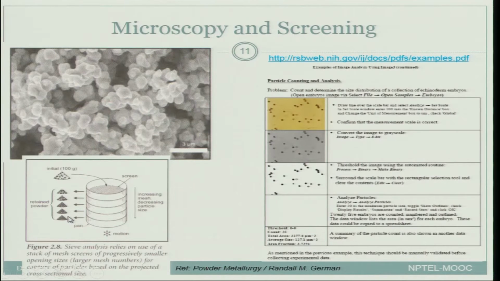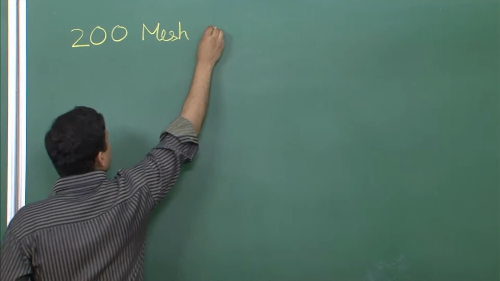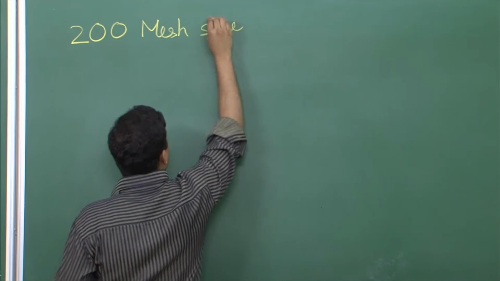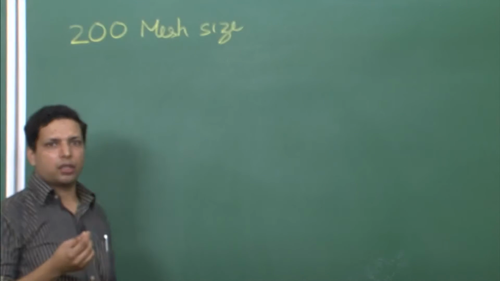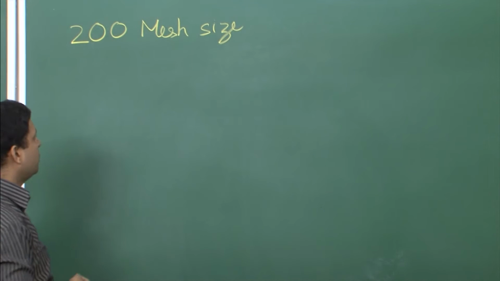Now, that we are talking about the mesh, let me just give you a quick example. When we say 200 mesh size, what does it mean? We said that when you increase the mesh size, there are smaller particles going down.